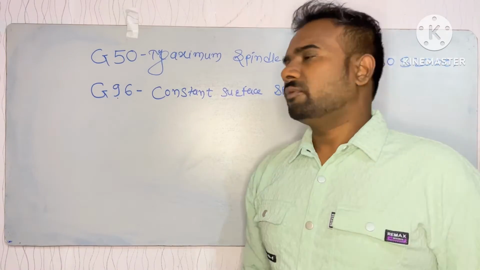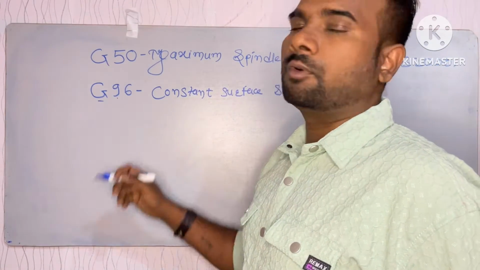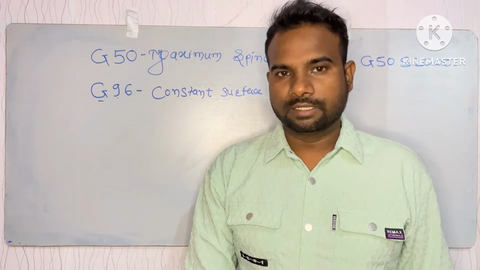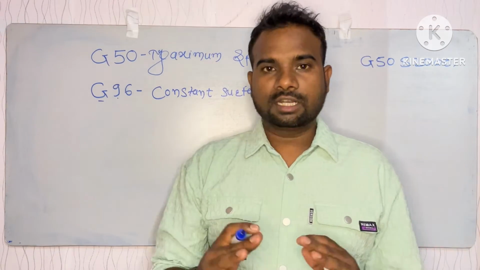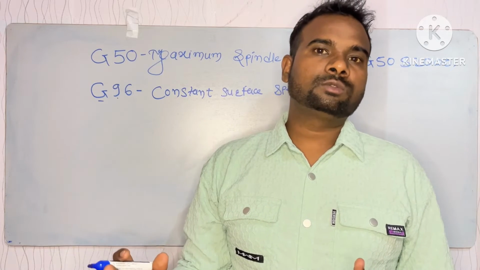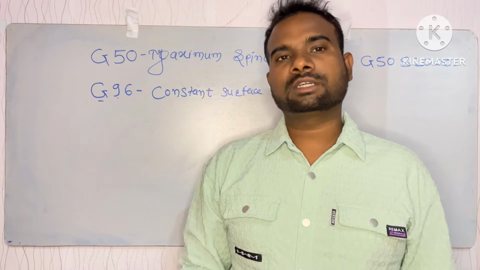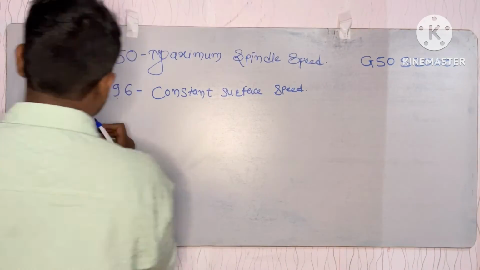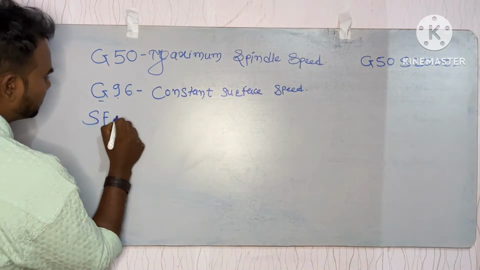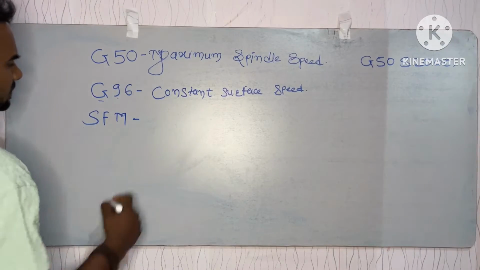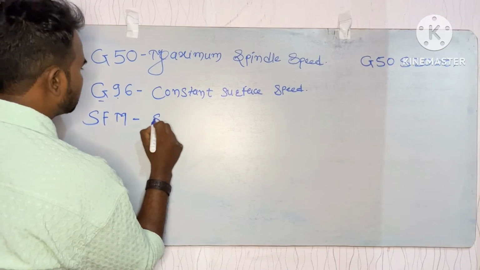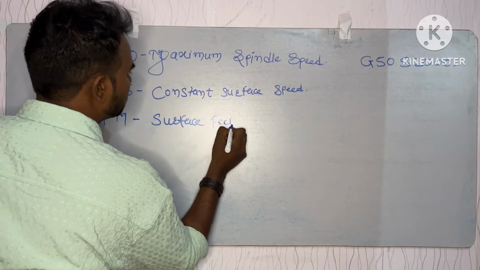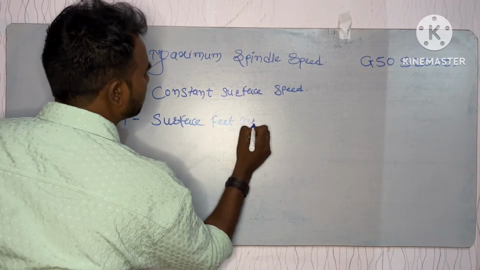And why do we use G96? Now focus on G96. G96 means constant surface cutting speed. There are two units to measure constant surface cutting speed. The first one is SFM, which means surface feet per minute.